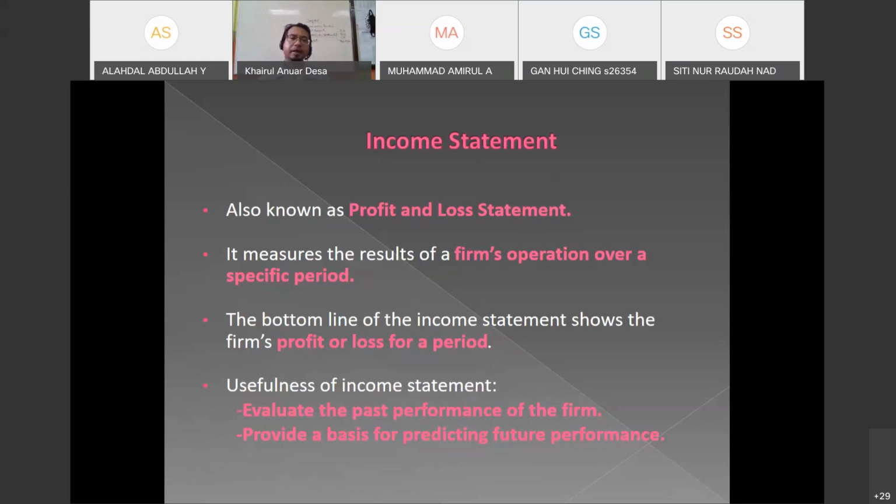Some other companies start, let's say, August. Okay, 1st August and their financial statement ends 31st July next year. So setakat tu, as long as the 1 year period is there. Okay, tak kiralah di mana dianya bermula, asalkan ianya berakhir dalam tempoh 1 tahun. Got it? Setakat tu boleh faham?